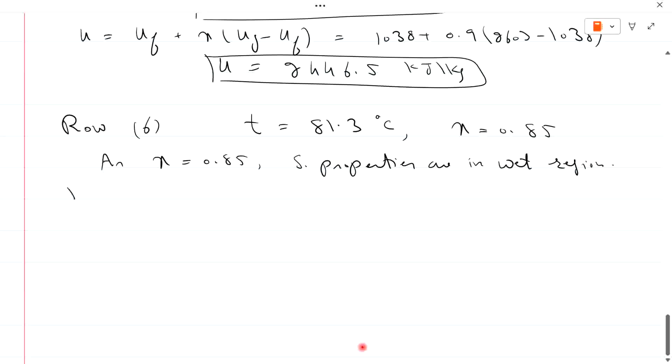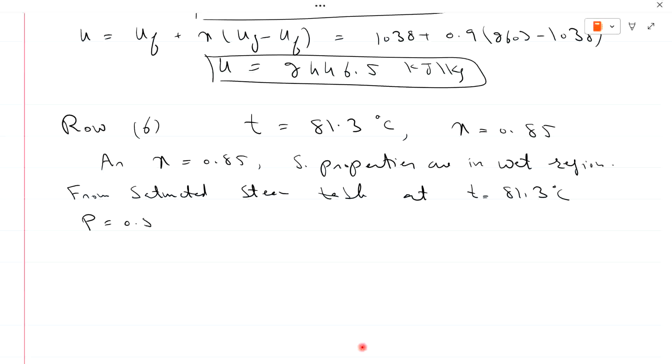So from saturated steam table, at temperature equal to 81.3 degree centigrade, pressure is equal to 0.50 bar.